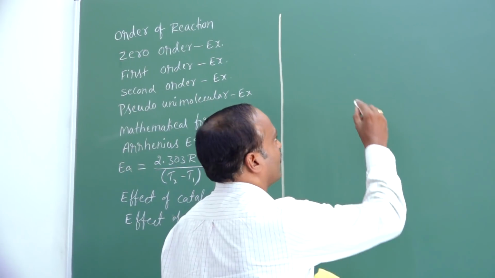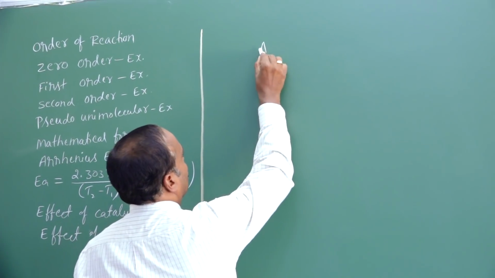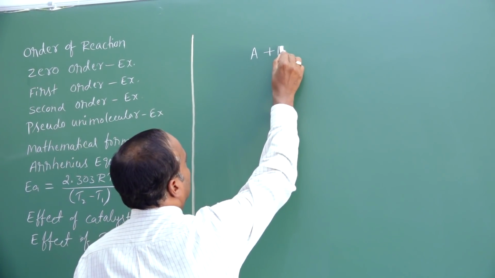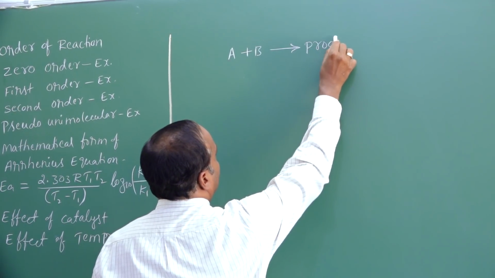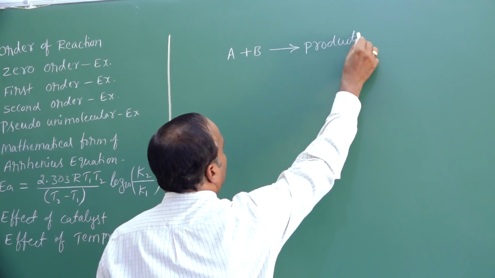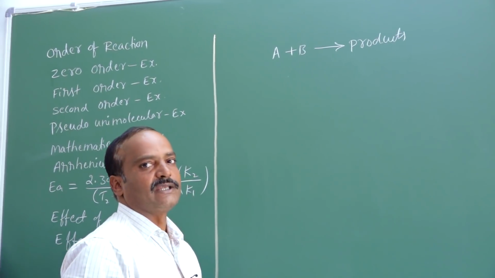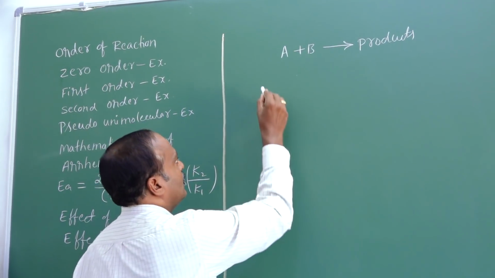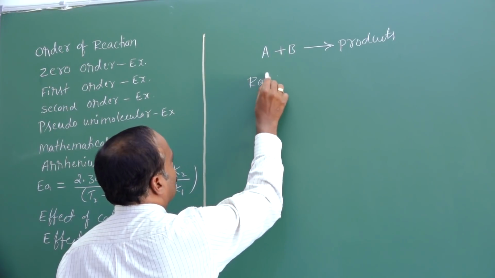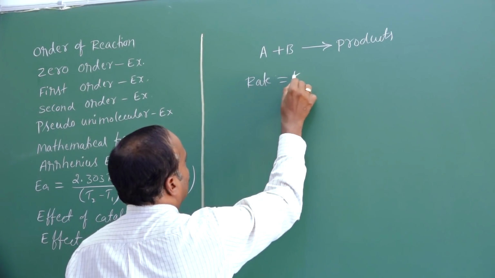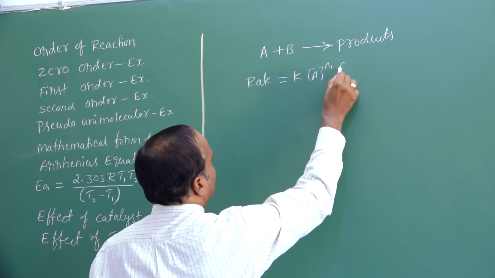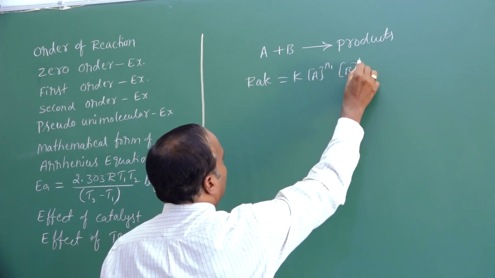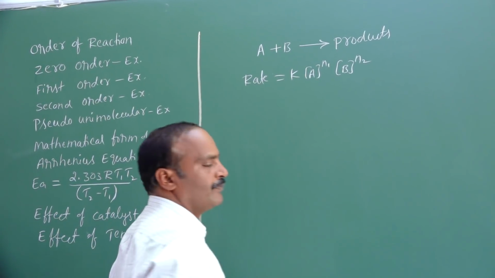Consider a reaction A plus B gives products. Rate is equal to K into concentration of A power N1, concentration of B power N2.